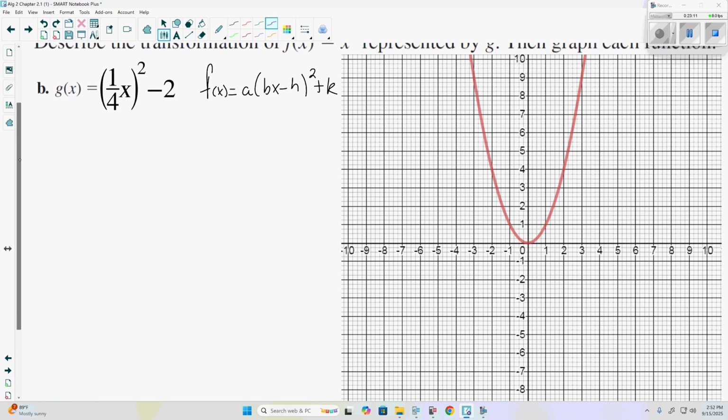So for this one here, do we have a value for a? No. Do we have a value for k? Yeah. The value for k is -2. Do we have a value for h? No. Do we have a value for b?